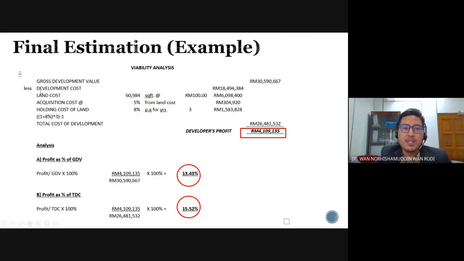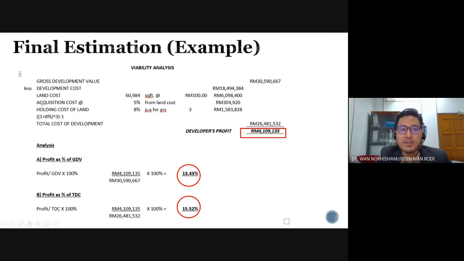Firstly, you need to extract the gross development value calculation. In this example, we get around 30.6 million. Then you minus the total development cost, from preliminaries until contingencies, and you will get around 18.5 million.